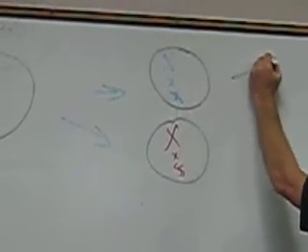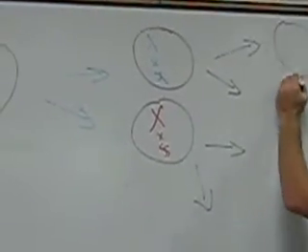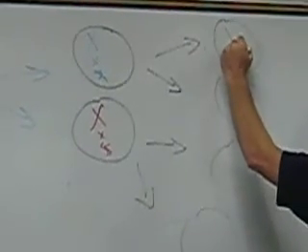So going into meiosis 2, each of these is now going to split again, but what's going to happen in meiosis 2 is that we're going to separate the chromatids. So we have something like this.